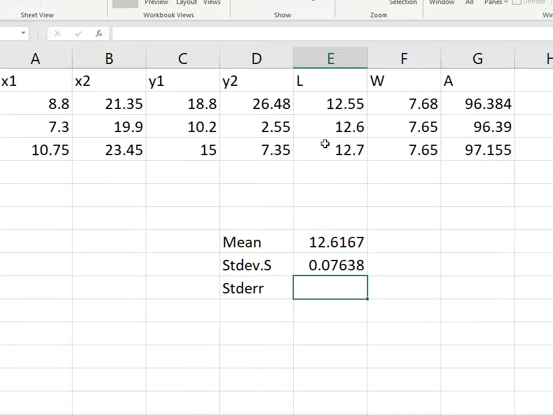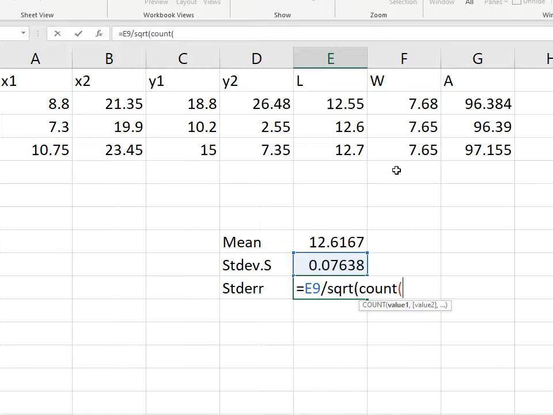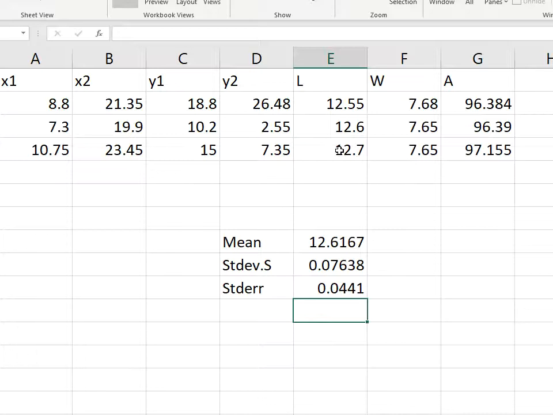And the standard error is going to be the standard deviation dot s divided by the square root of 3, in this case, always the count of these things, which is going to be 3 in this case. So this tells us where to round.